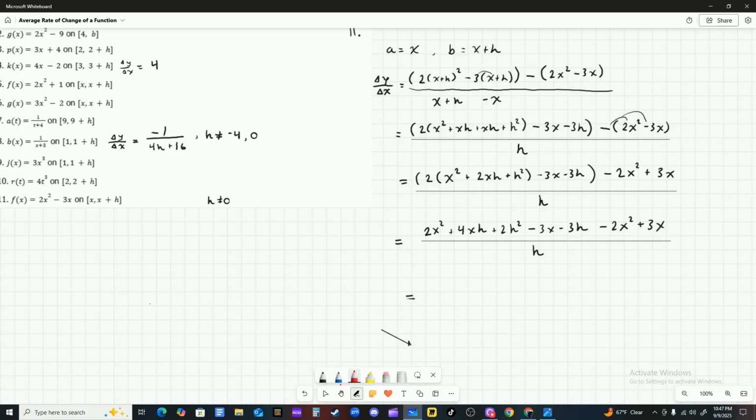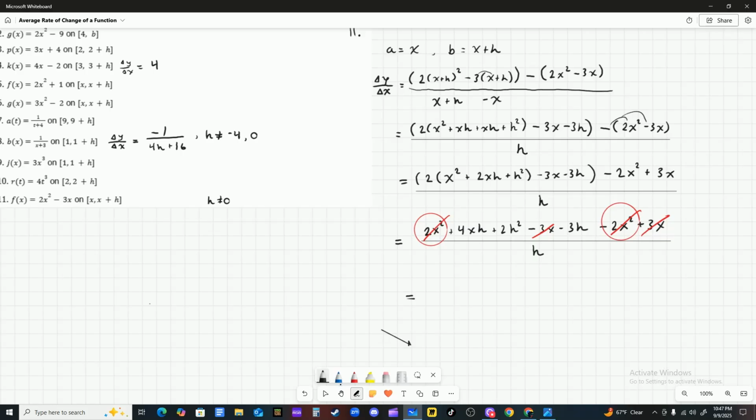I see that I have a 2x squared and a 2x squared, so those go away. Okay? Bam, bam. They go away. I see that I have a 3x, a negative 3x, and a 3x. So these go away also. And that's all I can see that I can remove for now.